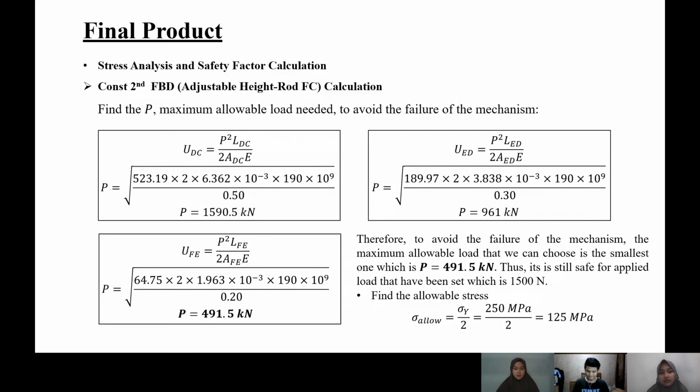For the part DC, the allowable load is equal to 1590.5 kilonewton. For the part ED, the allowable load is equal to 961 kilonewton. And for the part FE, the allowable load is equal to 491.5 kilonewton.